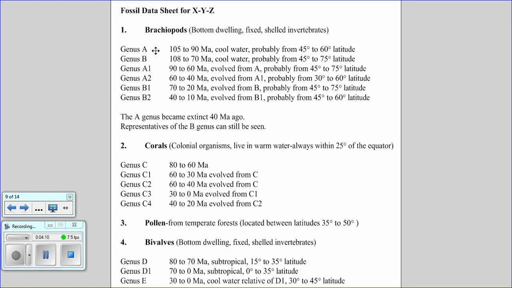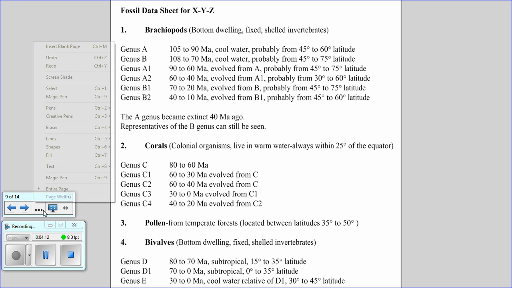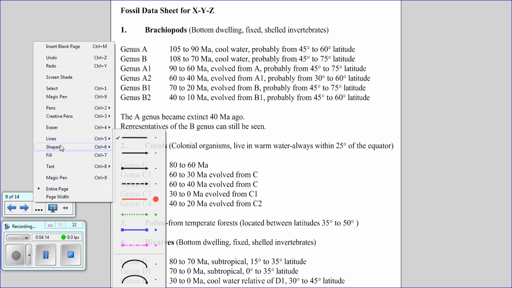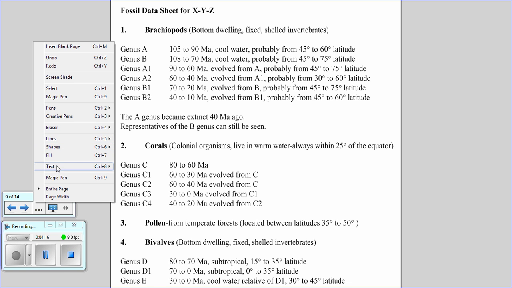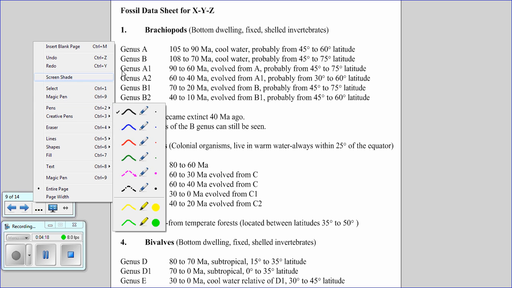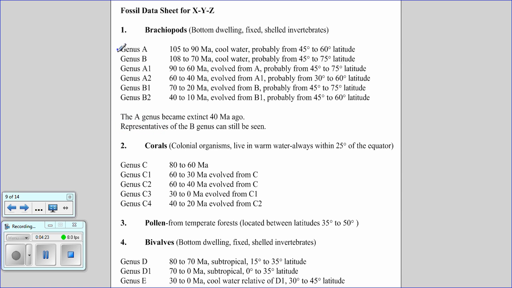To begin at 100 million years ago, we need to select fossils that were alive 100 million years ago. To do so, I'm simply going to look here at genus A and here at genus B. Both were alive 100 million years ago. 100 million is between these two numbers.